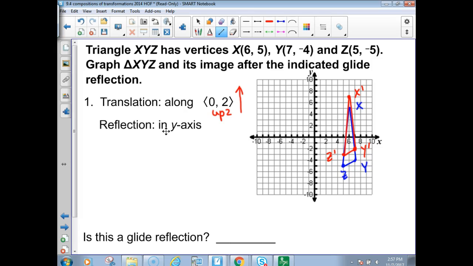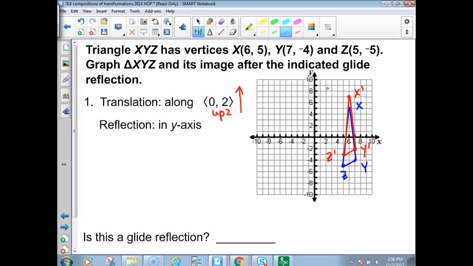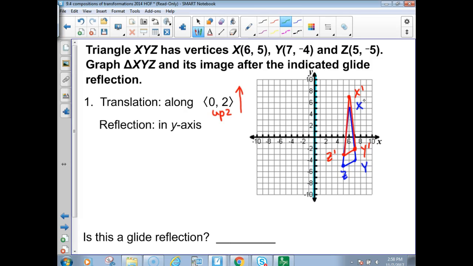Now they're telling me to do a reflection in the y-axis next. So first I'll highlight the y-axis, which is your vertical axis. We're going to go over it, and I can just count. Well, what that does is reflection in the y-axis. We'll take the red points, the points that we have here.